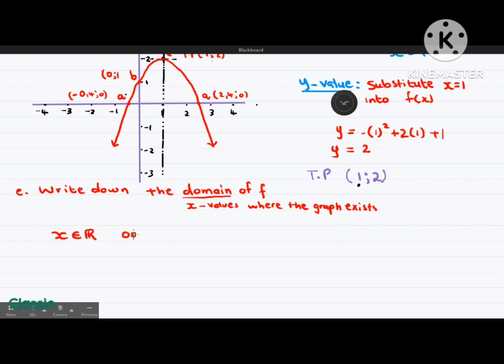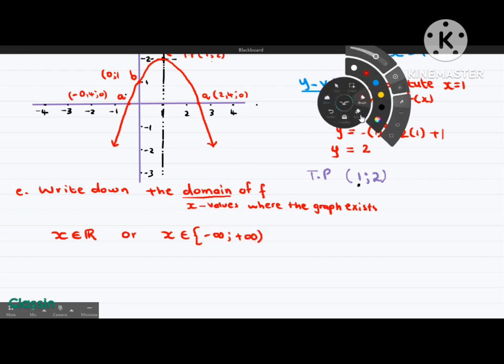Or you can simply say X is an element from negative infinity until positive infinity. So let me use the correct bracket. From negative infinity until positive infinity.